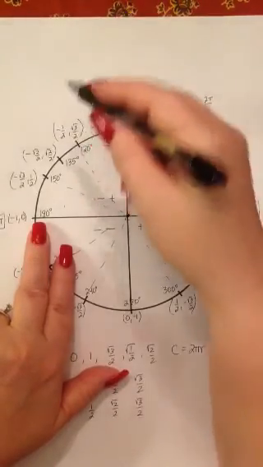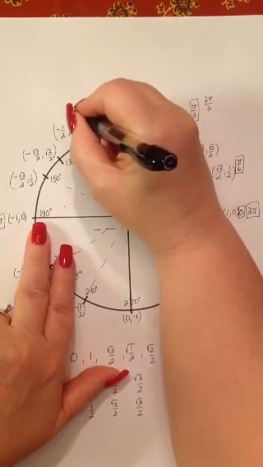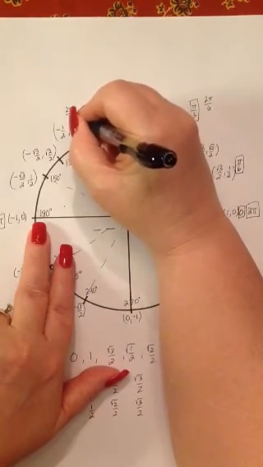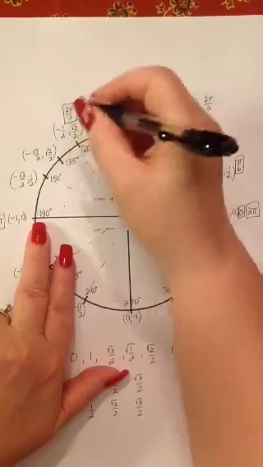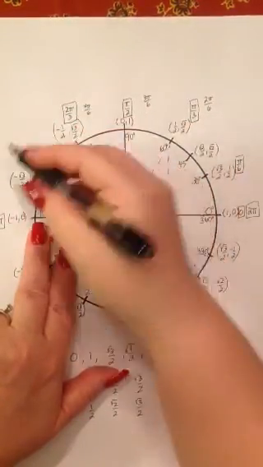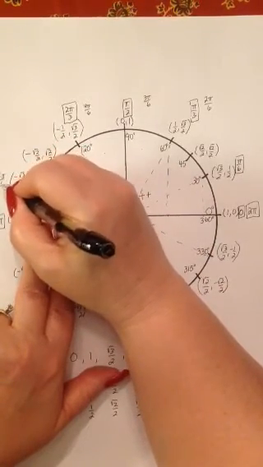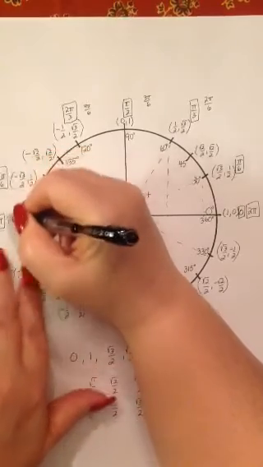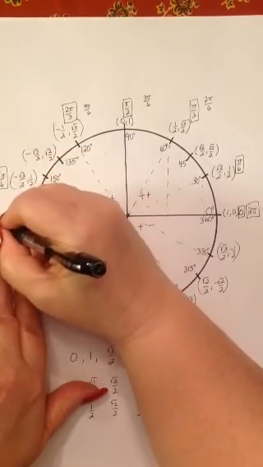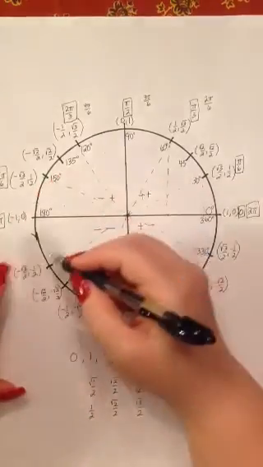The next one is going to be 4 pi over 6, but that reduces to be 2 pi over 3. The next one here is going to be, because this was 4 pi over 6, so 150 will be 5 pi over 6. At pi, this would be like 6 pi over 6, but of course that would reduce to be pi.